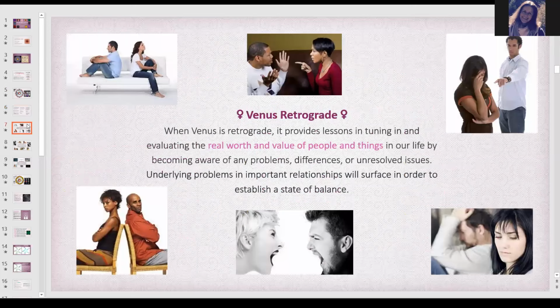When Venus is retrograde, it provides lessons in tuning in and evaluating the real worth and value of people and things in our life by becoming aware of any problems, differences, or unresolved issues. Underlying problems in important relationships will surface in order to establish a state of balance.